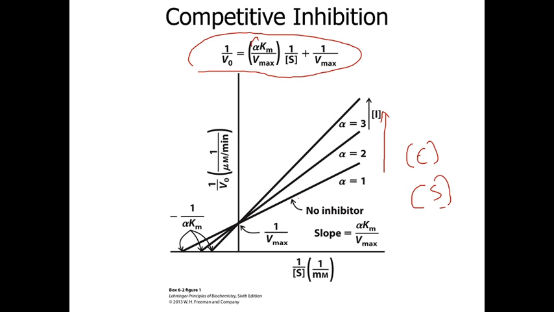In this case, you also involve an inhibitor at various different concentrations, and hence the lines are different. If the lines intersect at the y-axis, this is a characteristic of a competitive inhibitor.